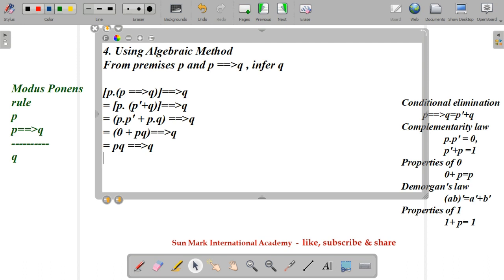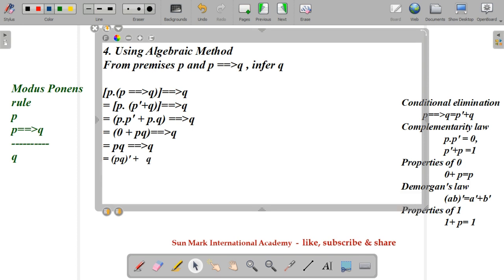Again, conditional elimination: P implies Q equal to P dash plus Q. Instead of P, here we have PQ implies Q. So we are applying the formula: PQ the whole dash plus Q equal to.